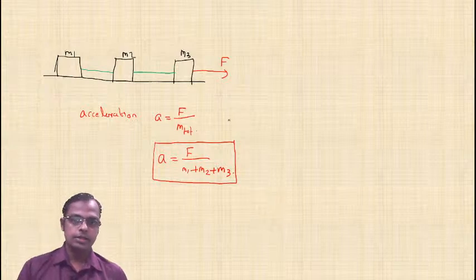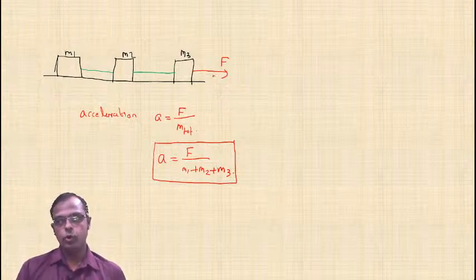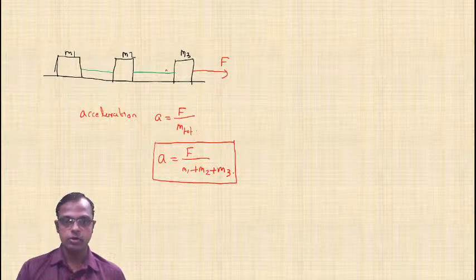Okay. Now let's think about this one. When the force F is applied on M3, there will be a tension acting on M3. There will be a tension acting on the string in between M2 and M3, that we can mark as T2.